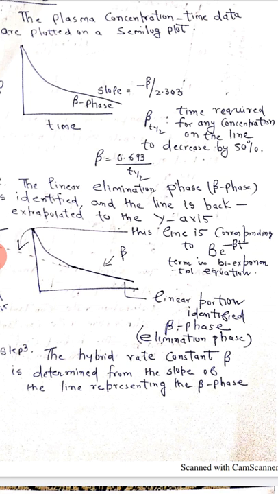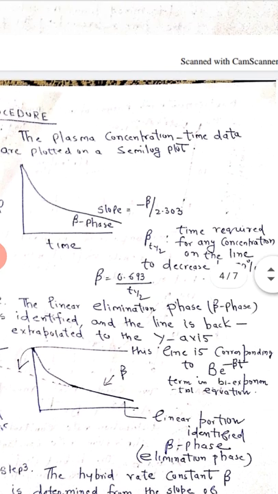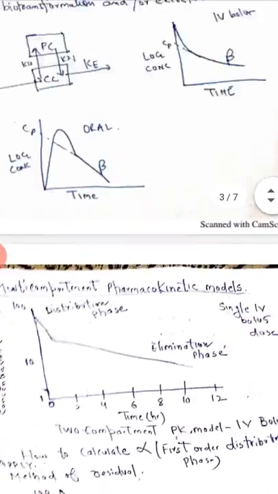You first identify the beta phase, and then the line is back extrapolated to the y-axis as shown in the graph. You can see this straight extrapolated dotted line. This dotted line corresponds to the second part of the equation.